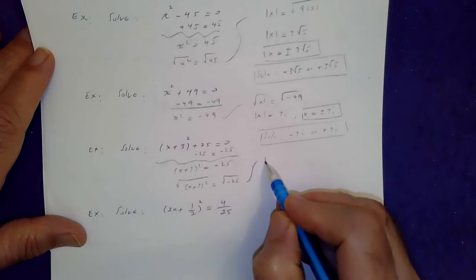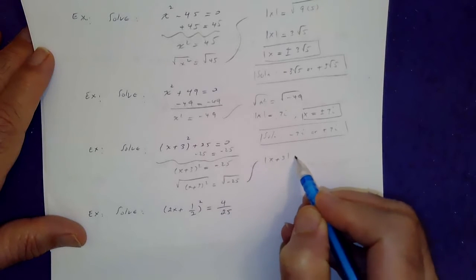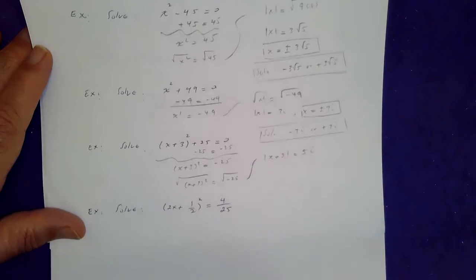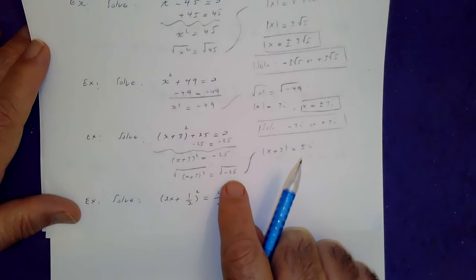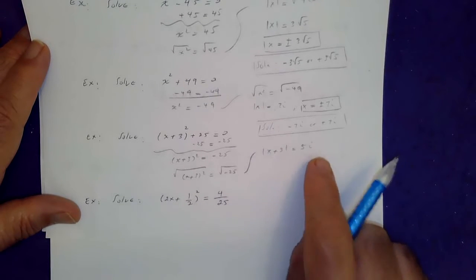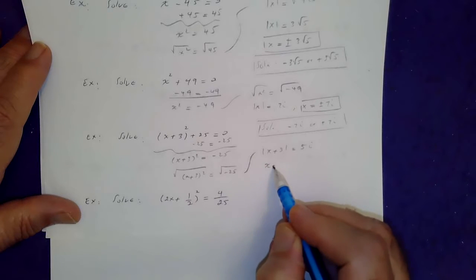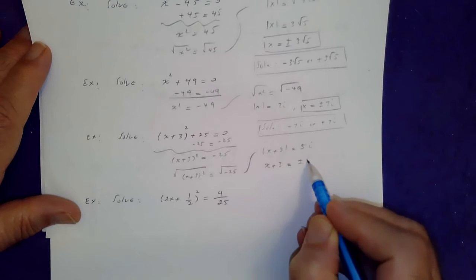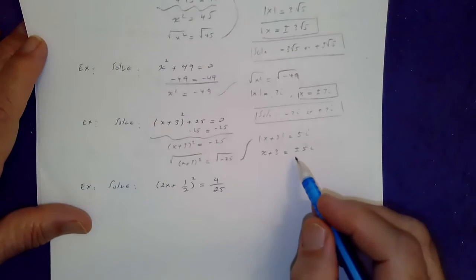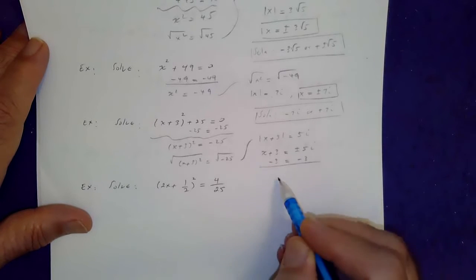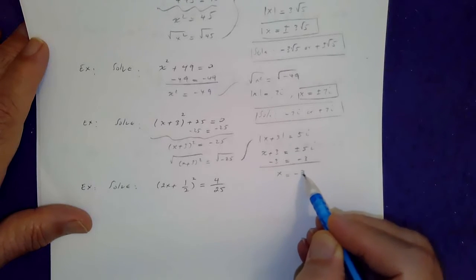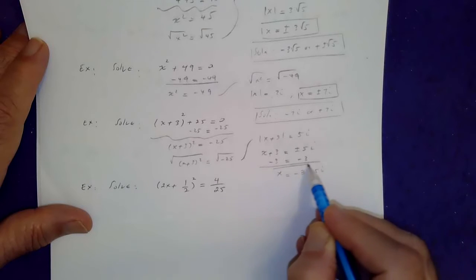So I'm going to get absolute value of what's under the radical, and that is 5i. Do you see it? Square root of negative 25 is not negative 5, it's 5i. Drop the bars, attach the plus or minus to 5i, and then subtract 3. So the solutions are negative 3 plus or minus 5i.